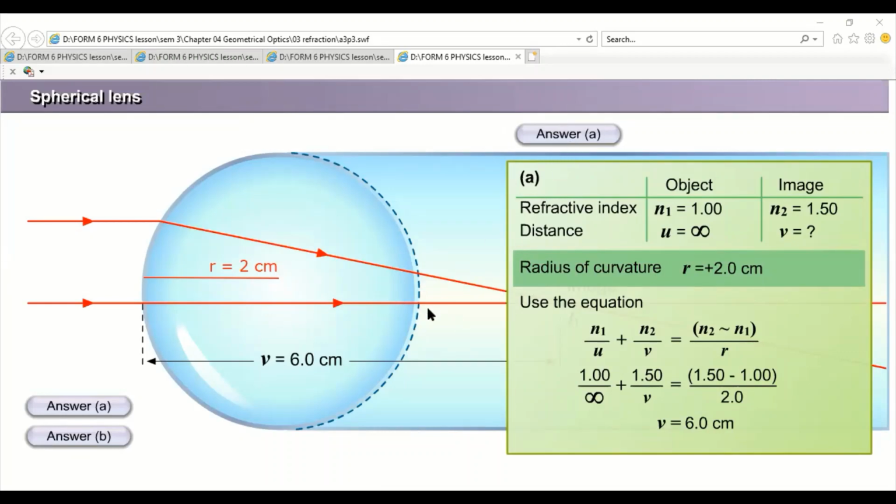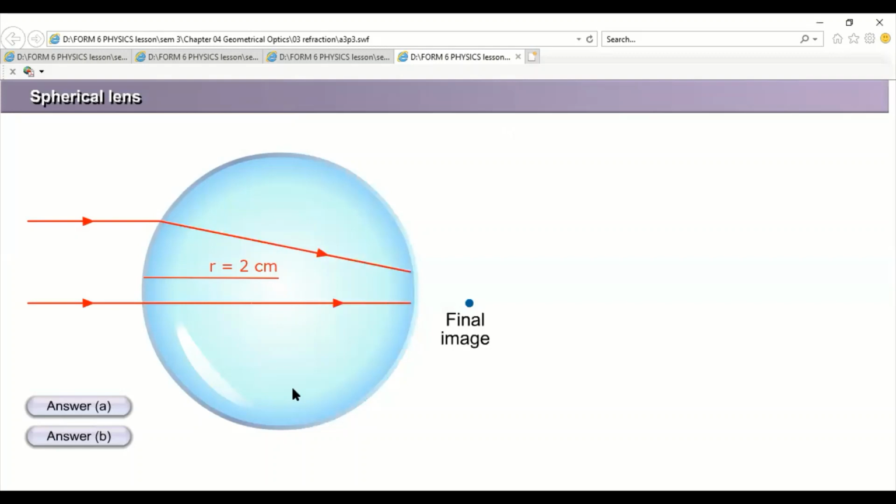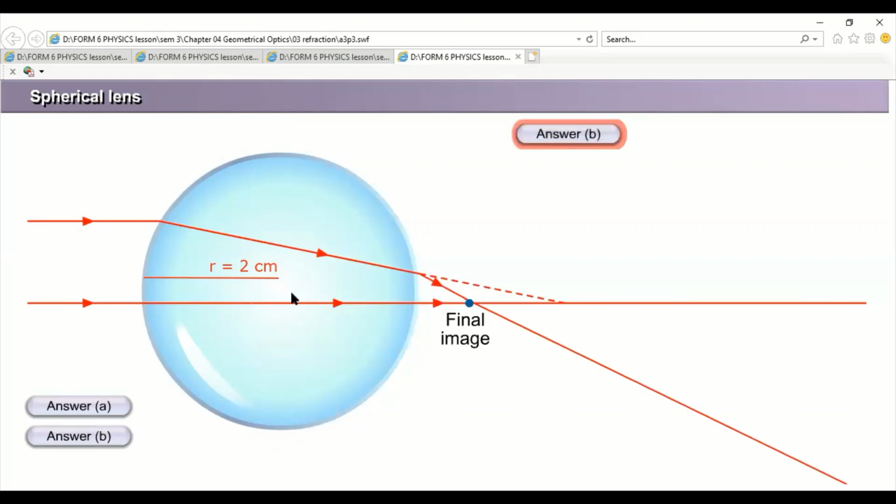This means that the image will be another 2 cm outside the curved surface, 2 cm outside the curved surface at the other side. Okay, so let's see. Once the first light ray passes through the curved surface, the first image forms 6 cm away, because here it will be a virtual image.